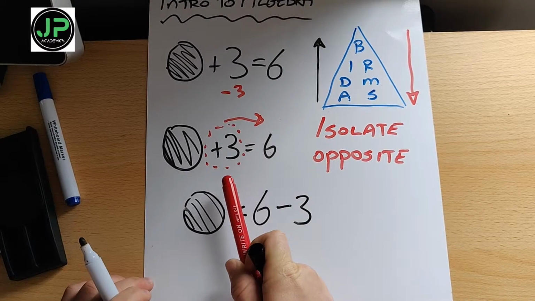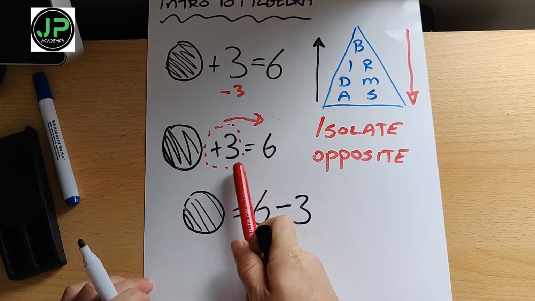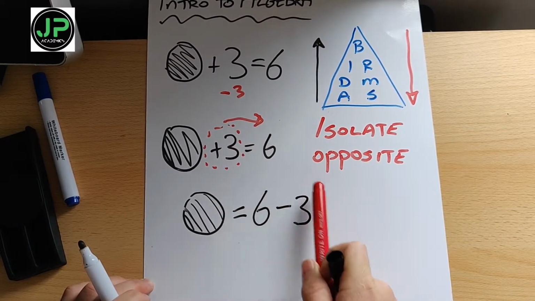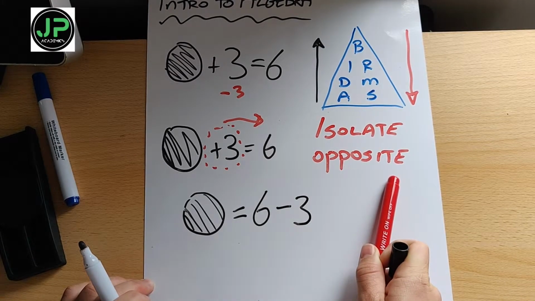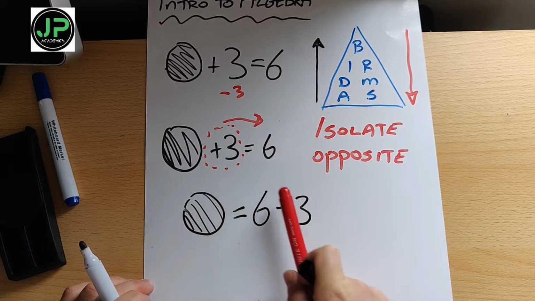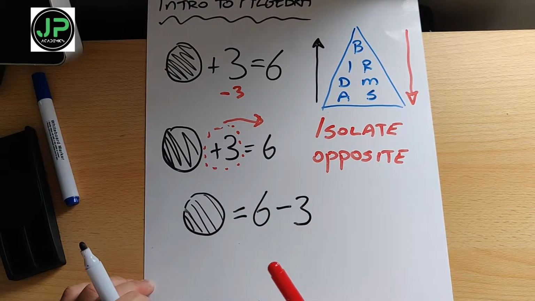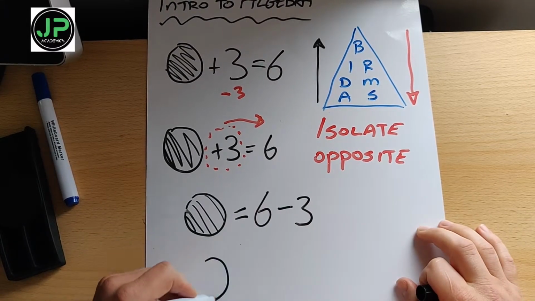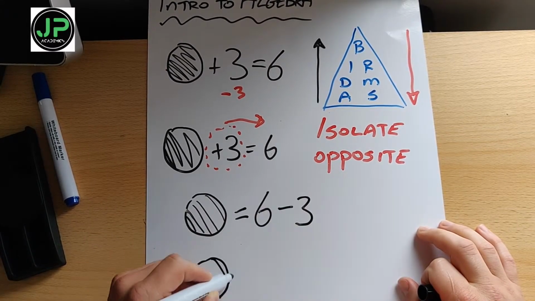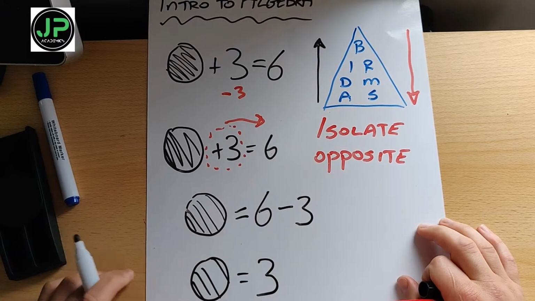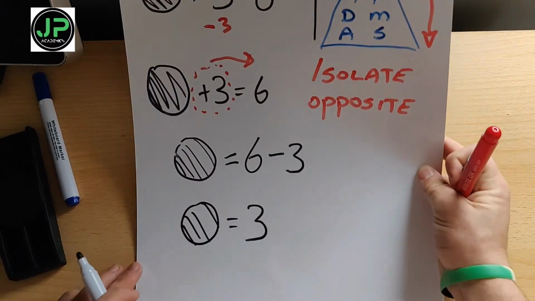That was a plus 3. It's crossed over the equals, which I call the bridge. It's crossed the bridge and it's done the opposite to what it was doing. It was plus 3, now it's become minus 3. And then simplify, black circle equals 3. There's our answer.